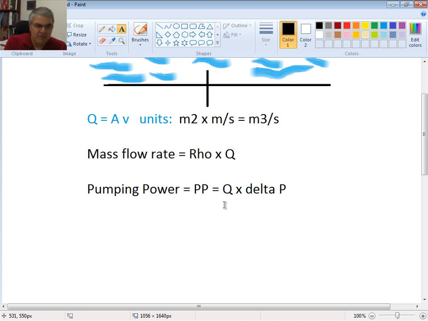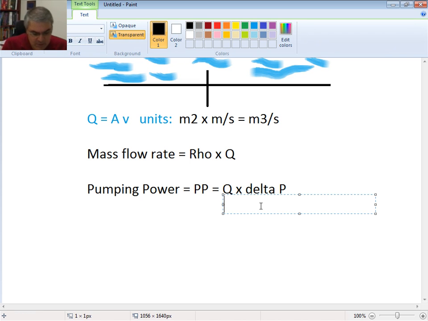So the units for the pumping power would be cubic meter per second multiplied by Newton per square meter, because that is the unit associated with the pressure, and the unit associated with the flow rate is cubic meter per second. So that would be the unit.